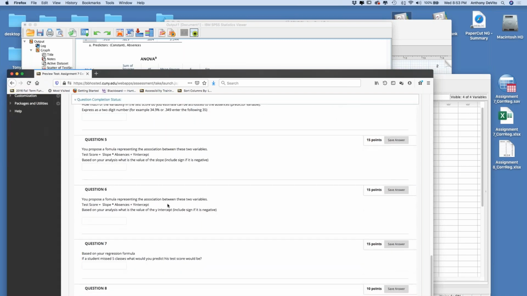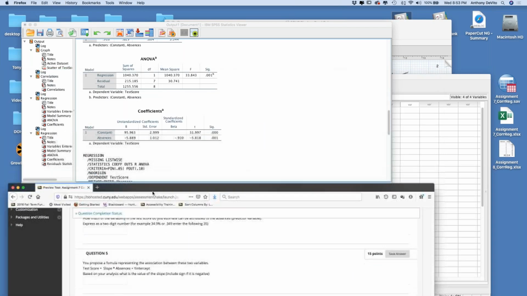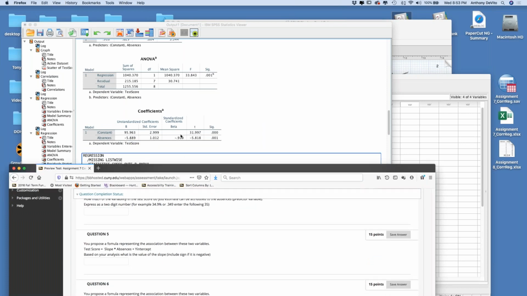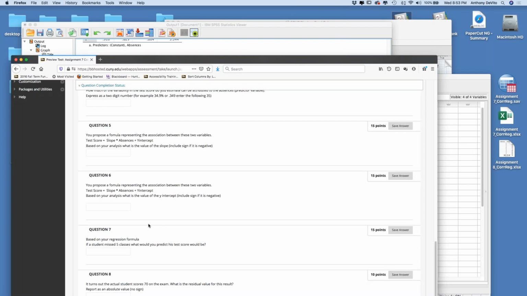Again, you propose this formula. What's the value of the y-intercept? Include the sign. In that case, it's a positive 95.96. Okay, and based on your regression formula, if a student missed 5 classes, what would you predict his test score to be using the formula that you created?